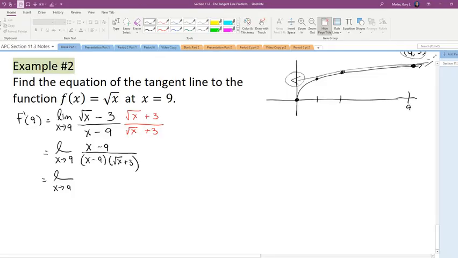The x minus 9s will cancel, leaving me with 1 over the square root of x plus 3. Now I can actually plug in 9 and get the derivative. So the derivative at 9 is going to be 1 over 3 plus 3. It's going to be 1/6. Square root of 9 is 3. 3 plus 3 is 6. Yep. Okay. So that is our slope.